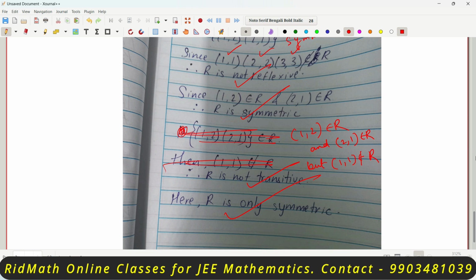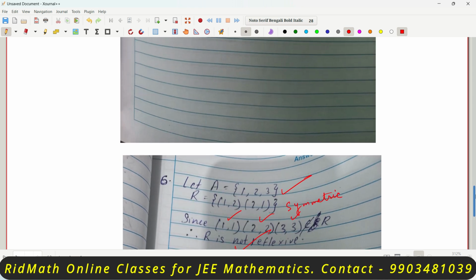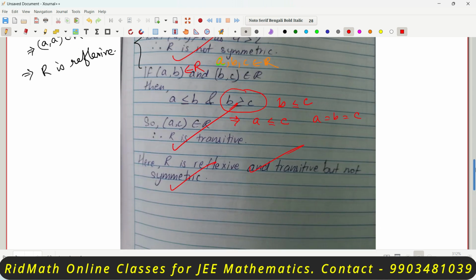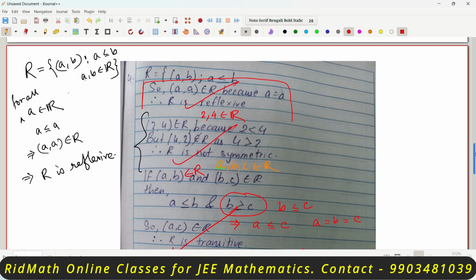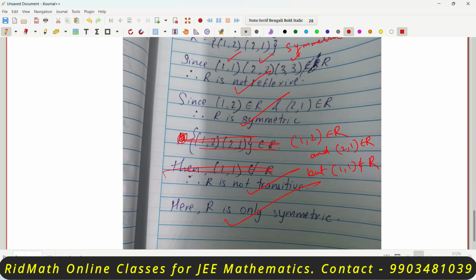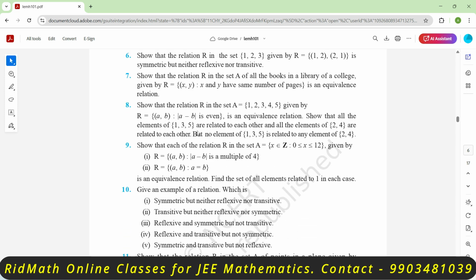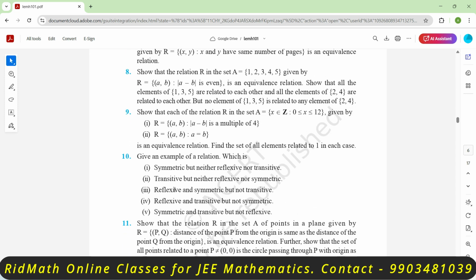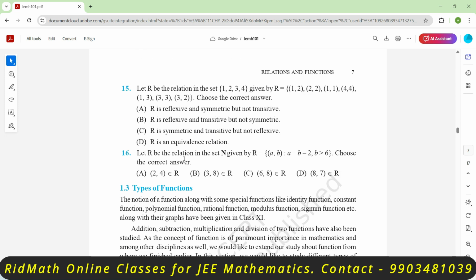So Praditi, you got your mistakes. Yes, this is how you have to write to solve these relations questions. There are a lot of questions in NCERT. First, do all these 16 problems.